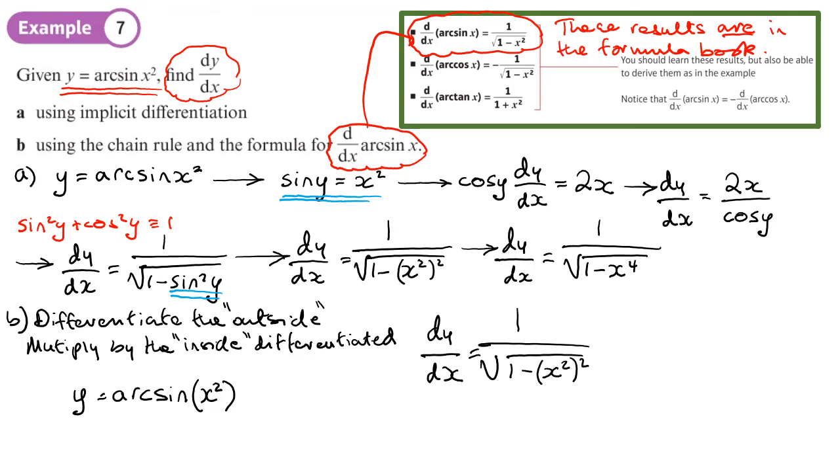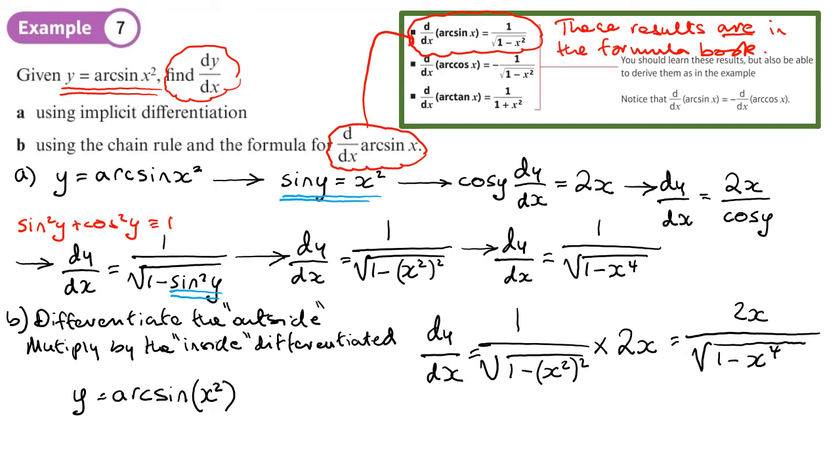So that's the first bit done. Differentiate the outside. Now multiply by the inside differentiated. The inside is x squared, so we're multiplying by 2x. So we get the same result as before. So 2x over the square root of 1 minus x to the power 4.